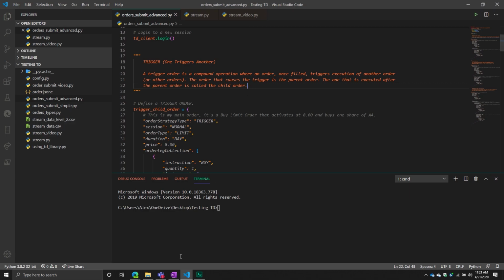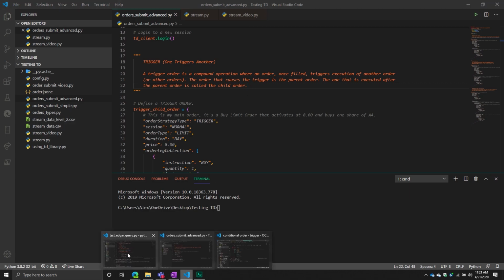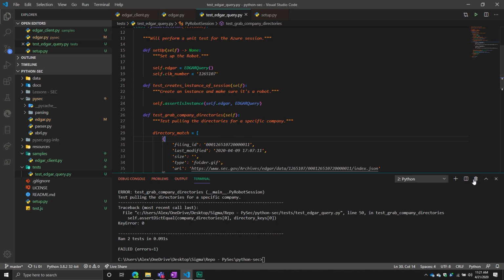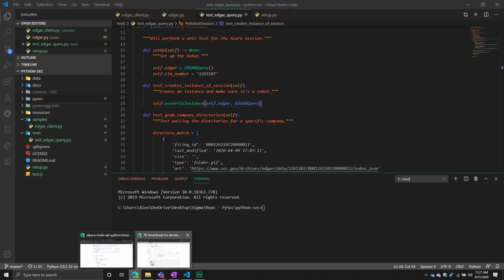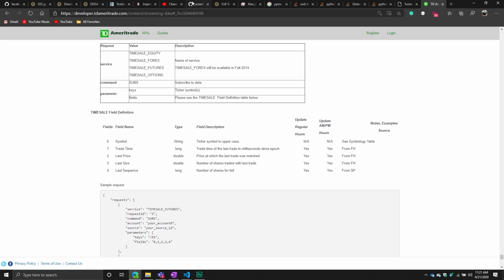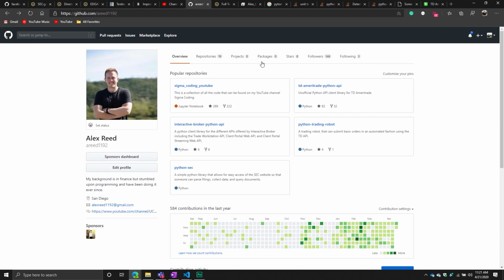And then I am currently in the process of making people aware of some new repositories that are on my GitHub at the moment. Where did I put it? There, okay. So if you go to my GitHub repo, you will notice two new repos.